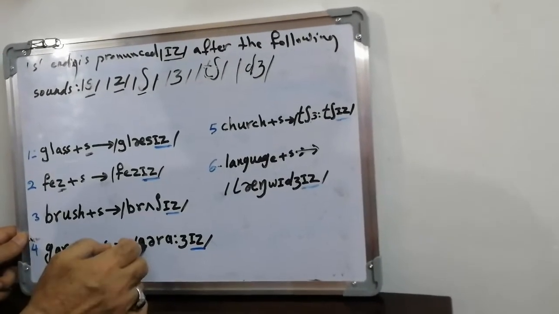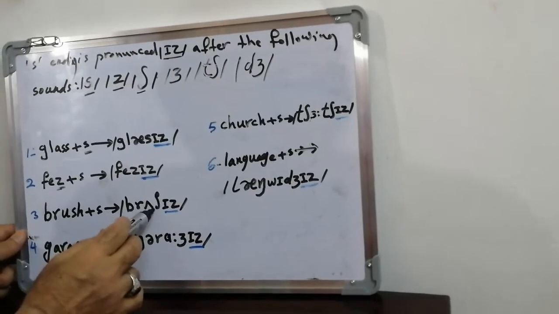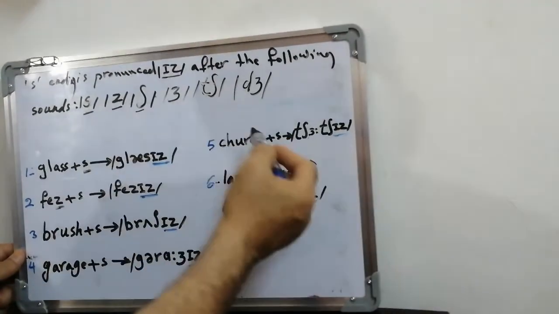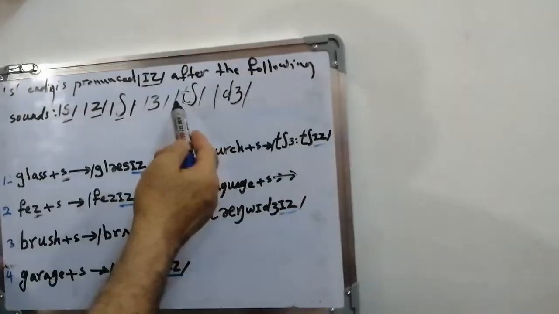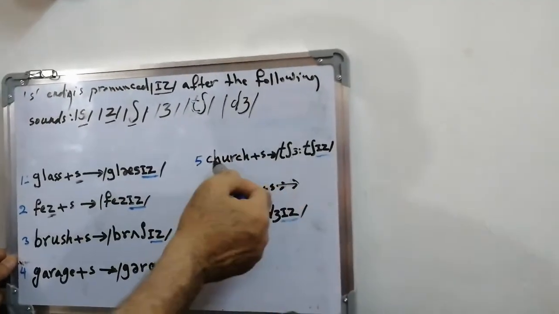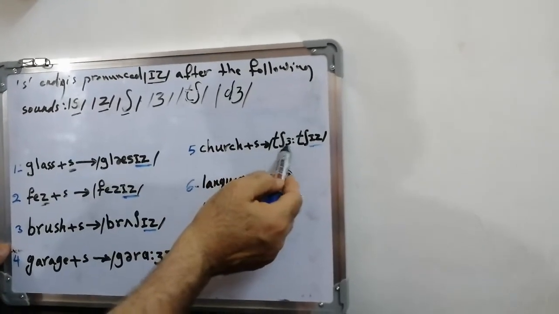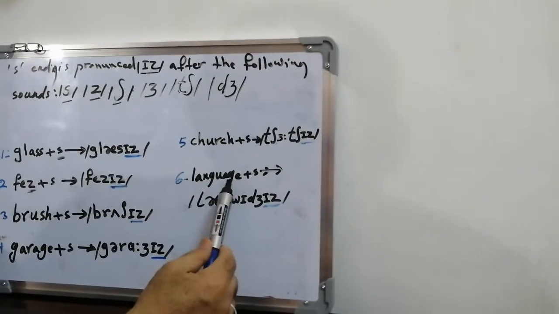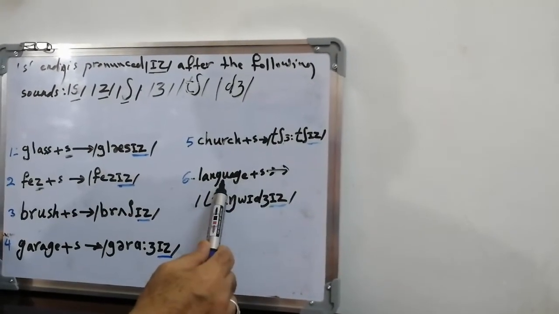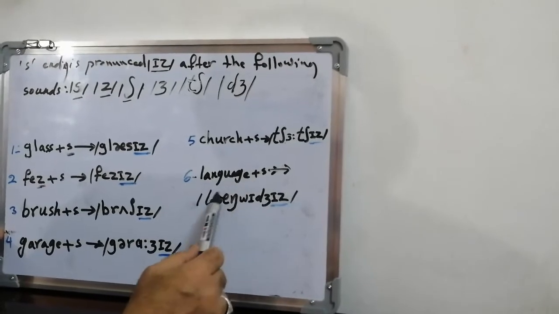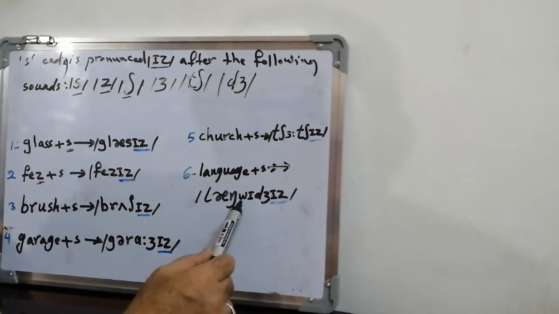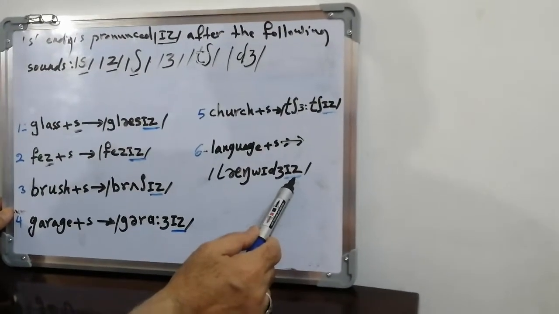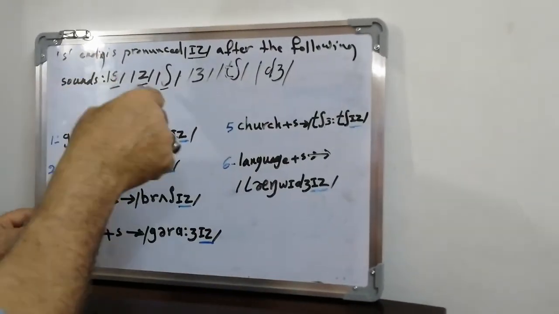So here we have the J, here the sh, here the Z, here the se. What about here? Here we have the che sound, affricate, as in church, churches. And also J as in language or judge, we add S and we pronounce it as languages. Okay, right.